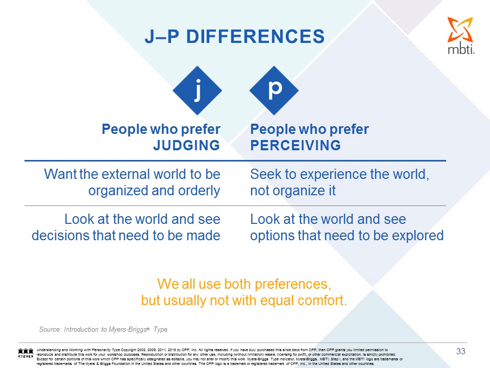On the judging side, they want the external world to be organized and orderly, whereas those who prefer perceiving want to experience the world, not organize it. People who prefer judging look at the world and see the decisions that need to be made. So they can look to see what the problems are that need to be solved. Whereas people who prefer perceiving look at the world and see options that need to be explored.